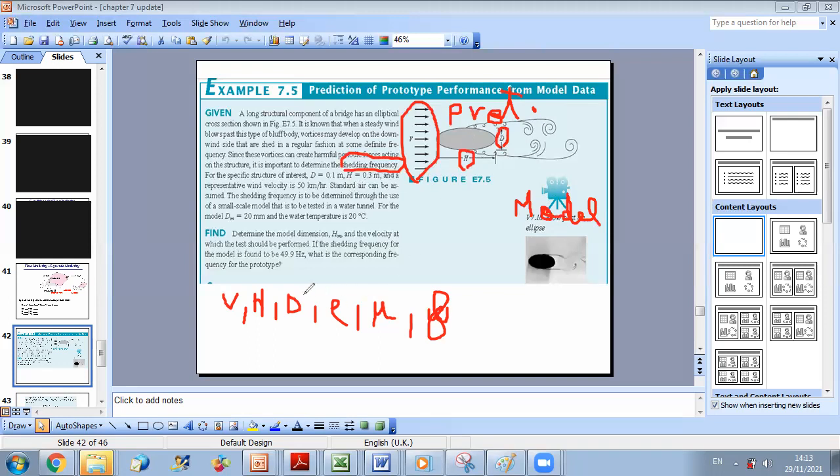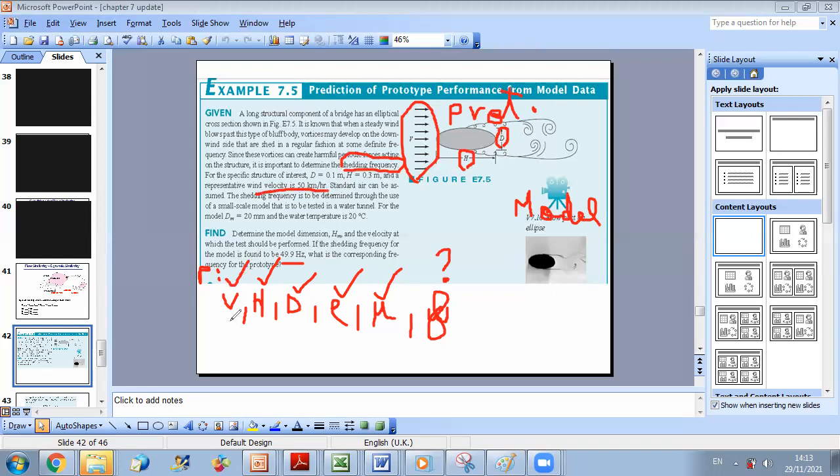For the prototype, H is known, D is known. We have air blowing over it, so rho and mu can be calculated for air. The frequency is not given for the prototype, it is given for the model, so f is unknown for our prototype. About velocity, they said that wind velocity is 50 kilometers per hour, so v is known.